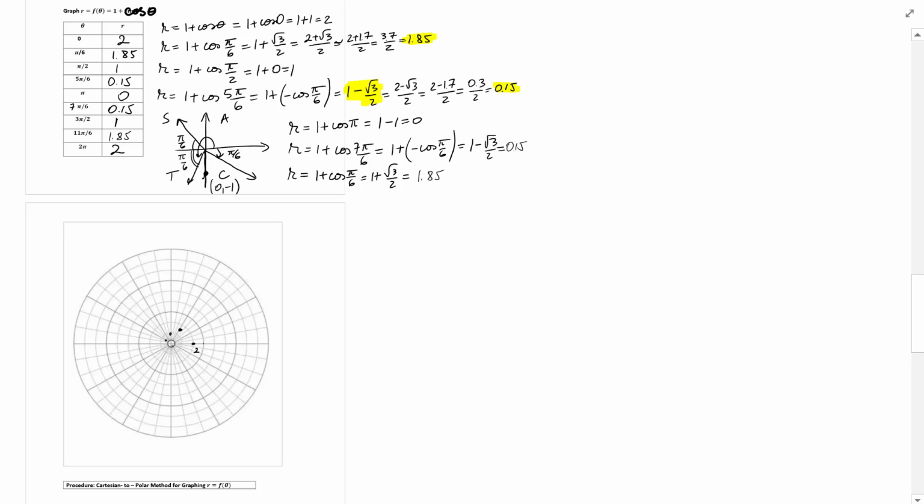Then for pi, it's going to be 0. Then for 7 pi over 6, it would be 0.15. So again 0.15 here. For 3 pi over 2, it would be 1. For 11 pi over 6, it would be 1.85, around here.